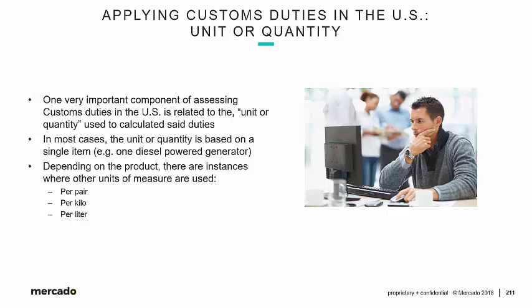In most cases, we saw this with our lathe, the unit or quantity is based on a single item. In our example here, one diesel-powered generator, but it's certainly applied to the lathe example too. Last bullet, depending on the product, there are instances where other units of measure are used. Per pair, in our shoe example, going all the way back to the example from San Pedro Sula in Honduras, per kilo, could be per liter for liquids, for chemicals, for example. We don't know. We have to look in the column to see.